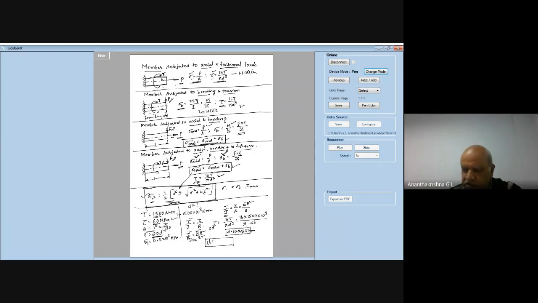Then from the angle of twist equation, what is the diameter? What is the diameter with reference to angle of twist?